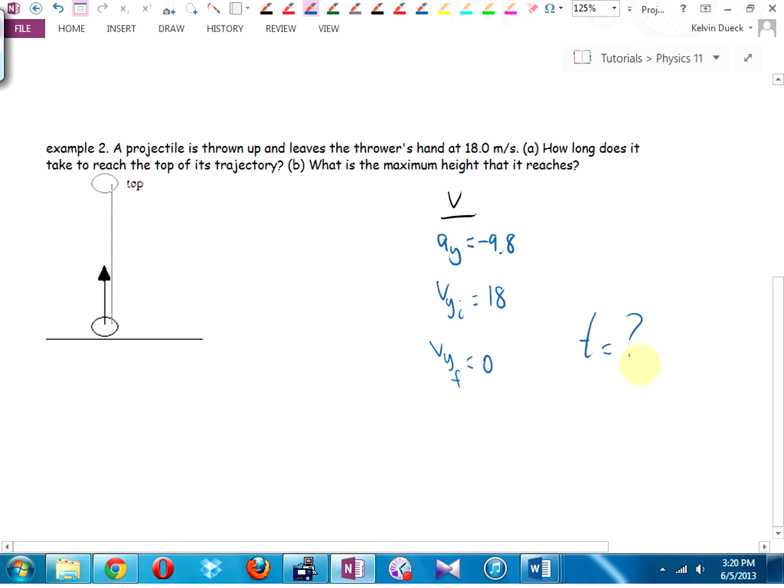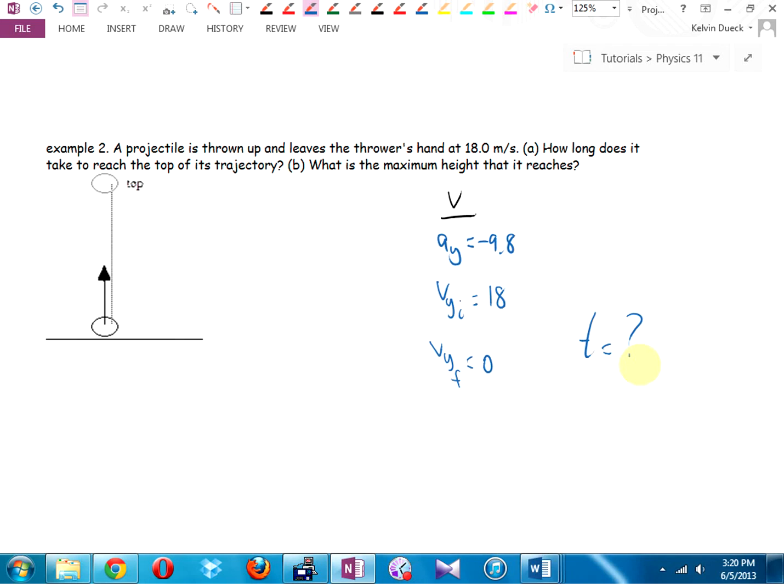I might perhaps have my formula sheet in front of me, unless I have it memorized, because now I'd be looking for an equation that had a, v initial, v final, and t. And you'll notice I've made sure everything is vertical. Time I don't care about because it's a scalar. Which equation am I going to use as a starting point?